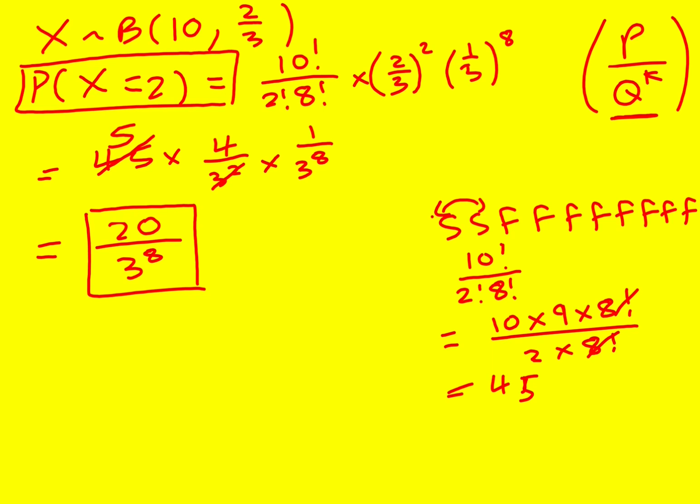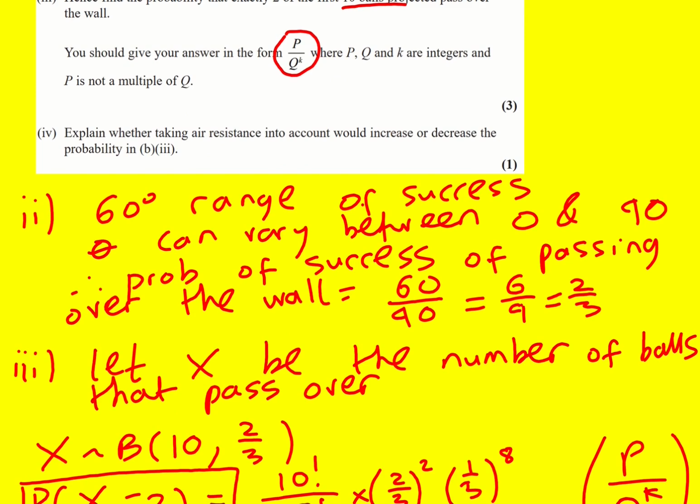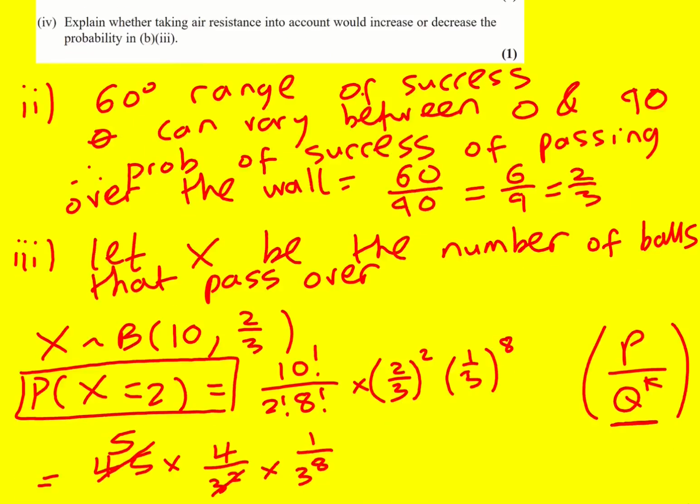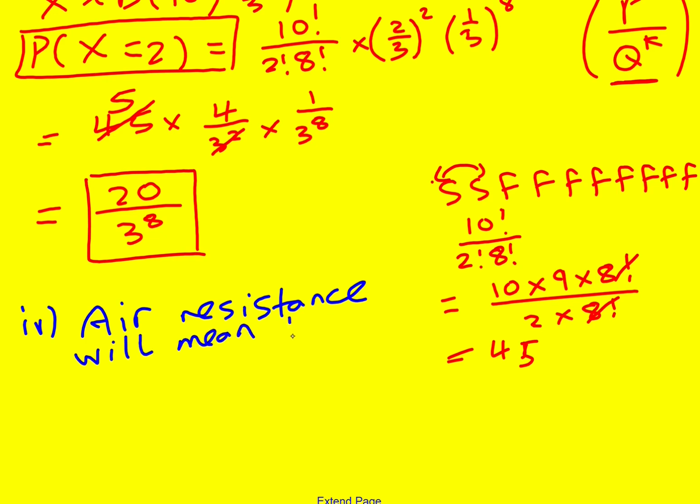We've got one more part to this question. Let me do it in a different color, actually. So the question says, explain whether taking air resistance into account would increase or decrease the probability. So what happens with air resistance? Air resistance will mean the balls travel less far.